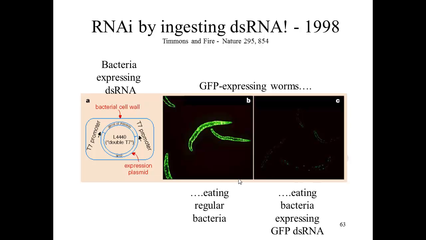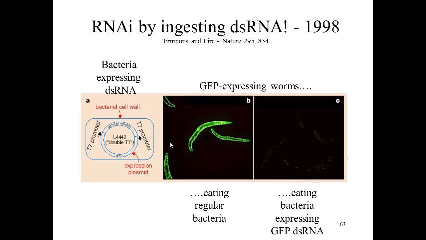A lot of the power of this technique was when people started studying a worm called C. elegans, which eats bacteria. Special bacteria were created such that each different strain of bacteria had a different plasmid in it, which would make double-stranded RNA, and you target which genes you wanted to be knocked down simply by feeding the worms different bacteria.